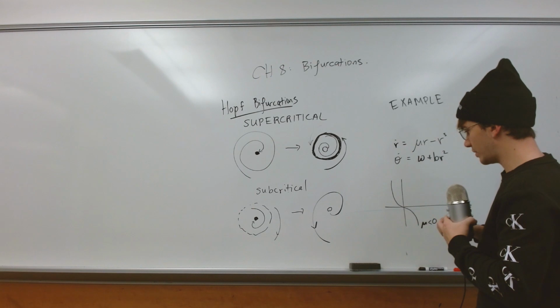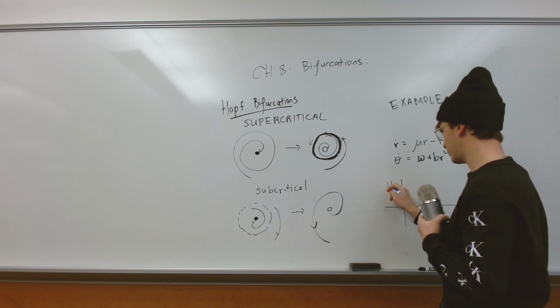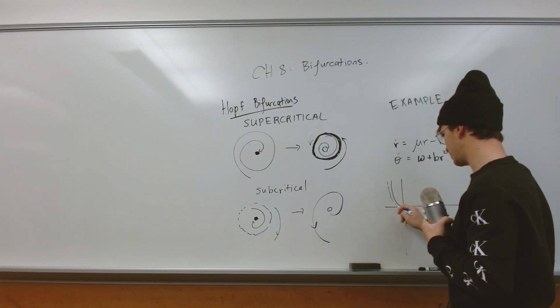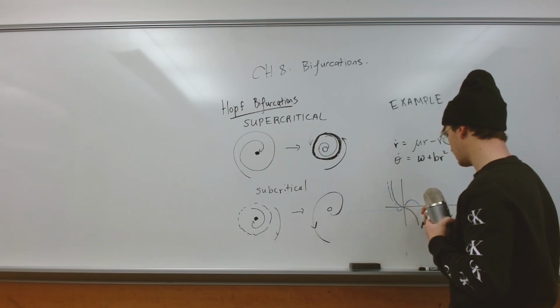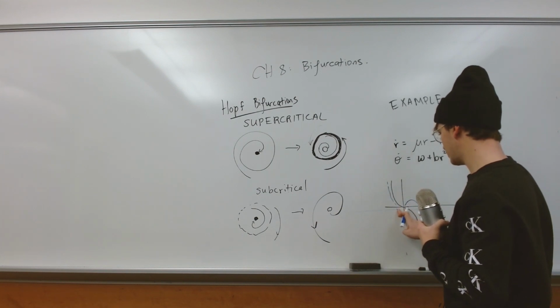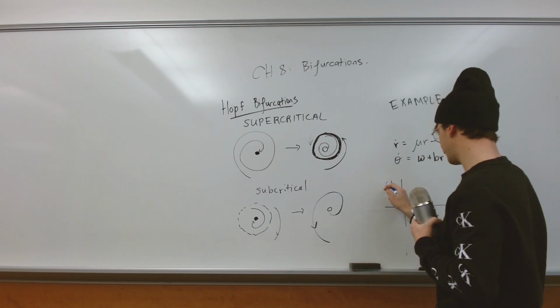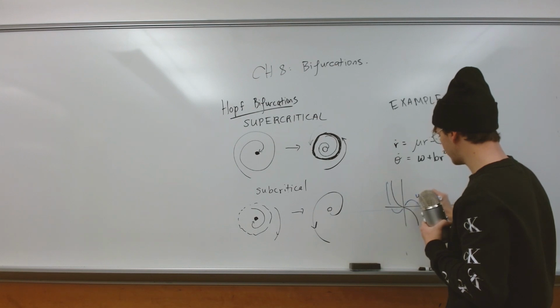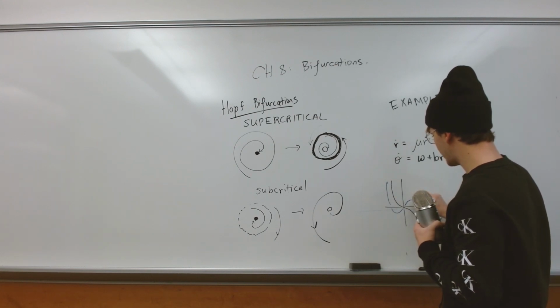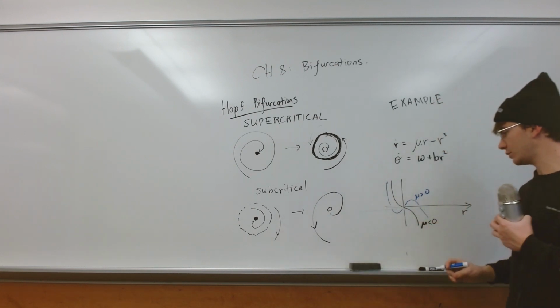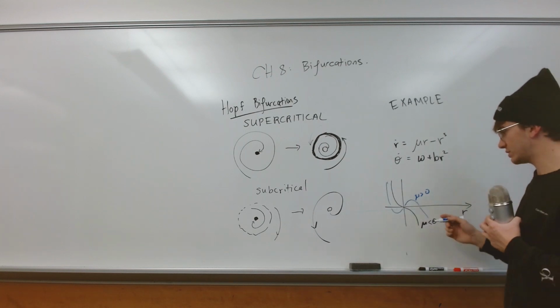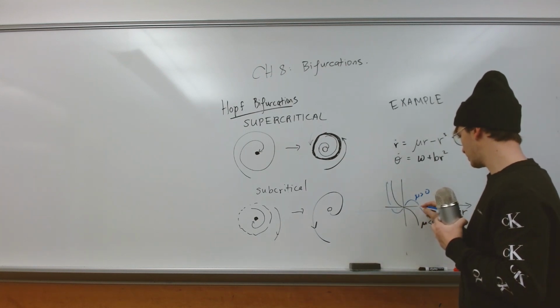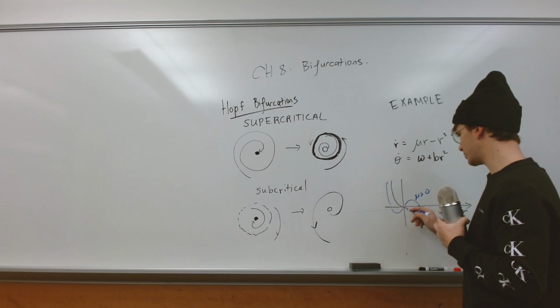And then as soon as we make mu positive, we're going to have something that dips below, comes out, and then through like this. Bad drawing, but this is mu positive. As we can see here, this is going to be a stable fixed point, and the origin becomes unstable.